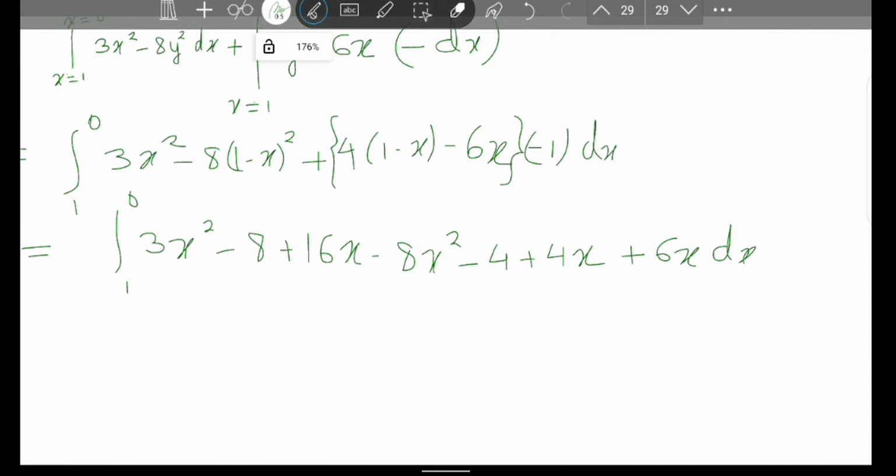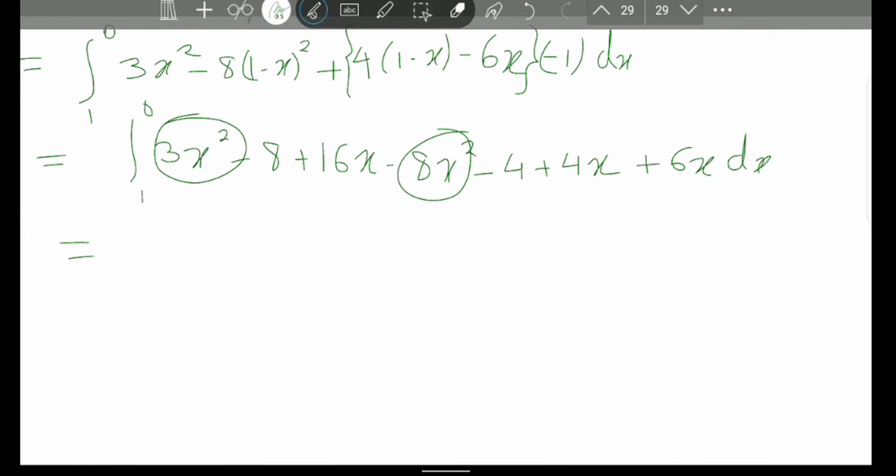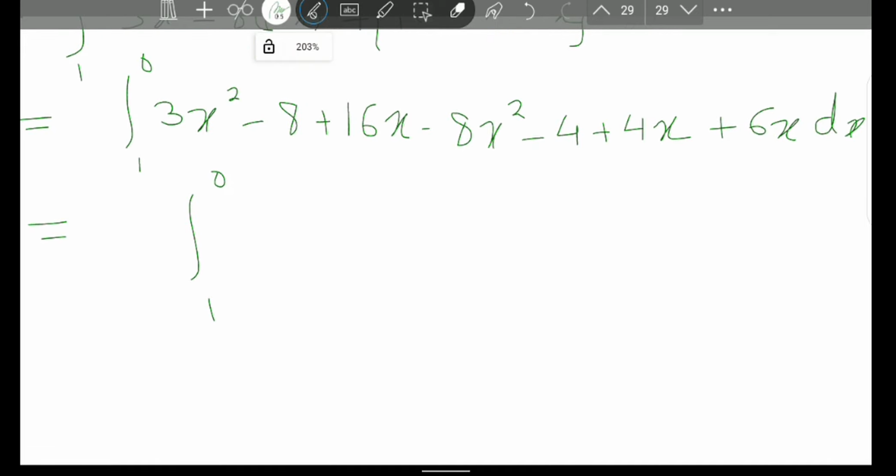Okay, 3x square minus 8x square, we got it to be minus 5x square. Then this is equal to the integral from 1 to 0 of minus 5x square.